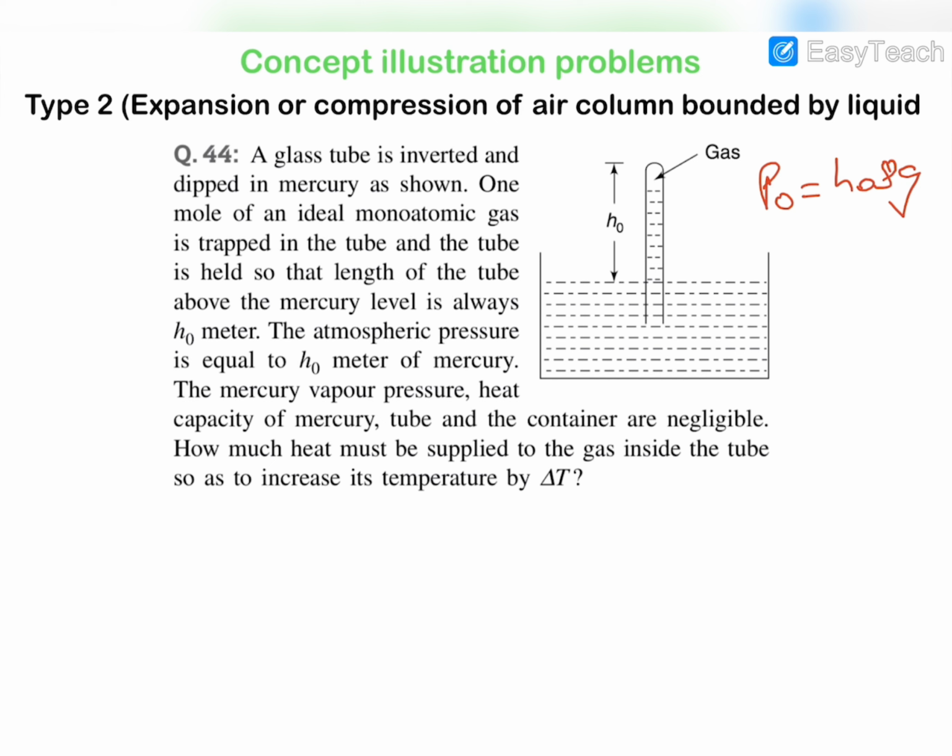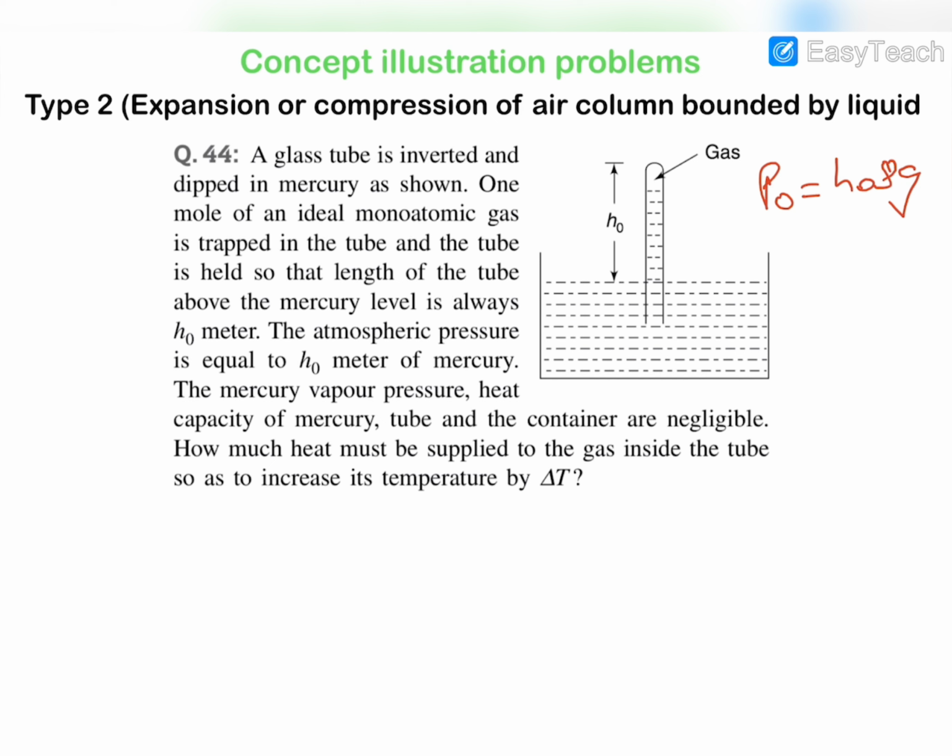Now let us see the situation. So when we will supply some heat to this gas, it will expand and it will push down this mercury on the bottom side, and therefore the pressure of gas will change.